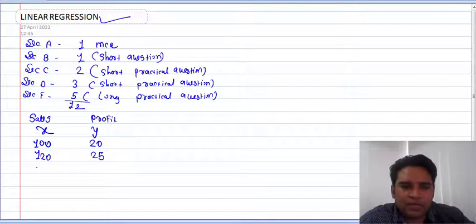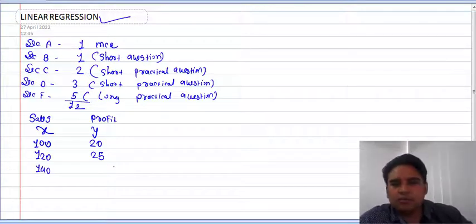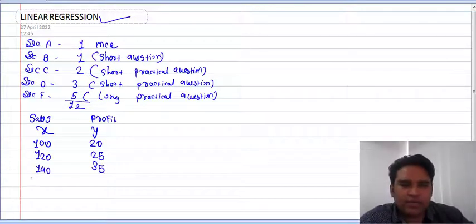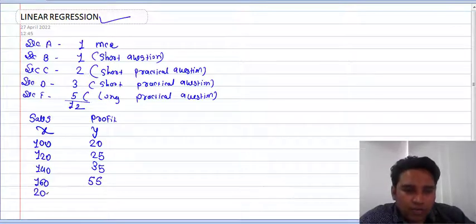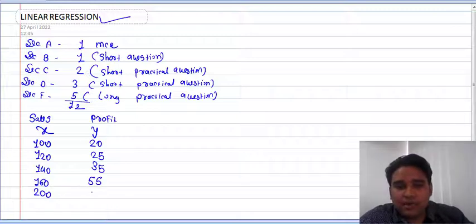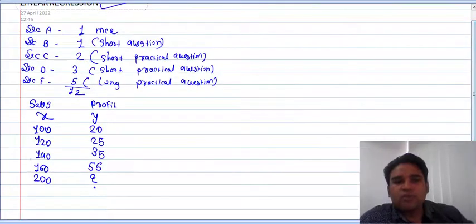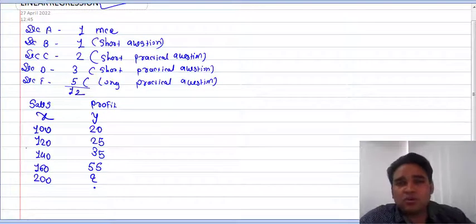If sales increase to 140, profit will be 35. If sales increase to 160, my profit would become 55. So what would be my profit if my sales is 200?